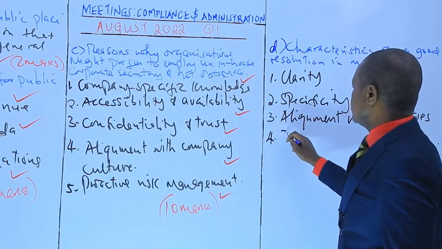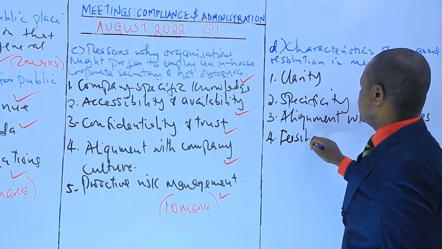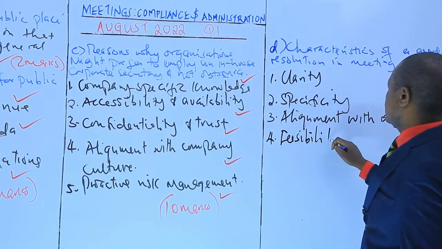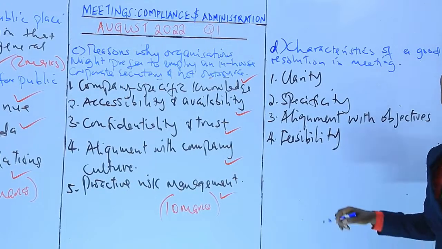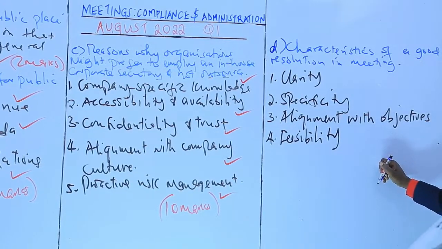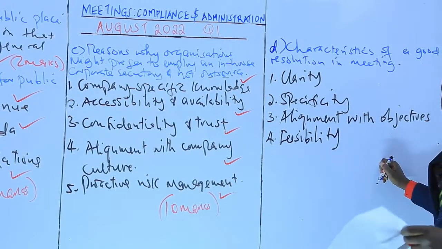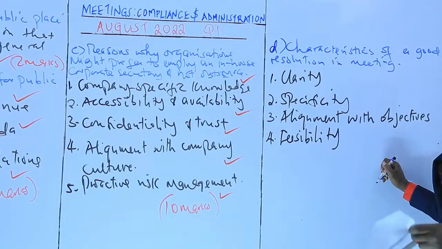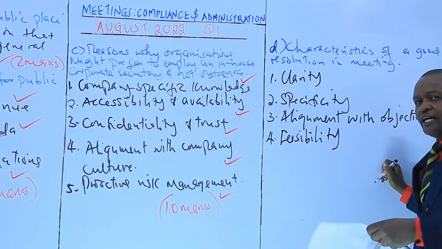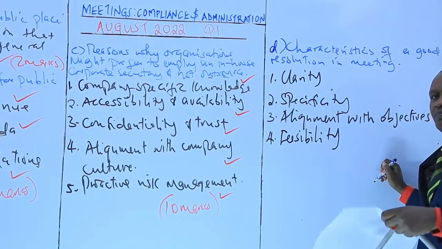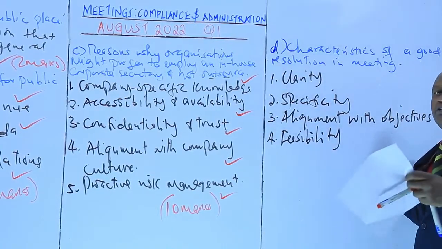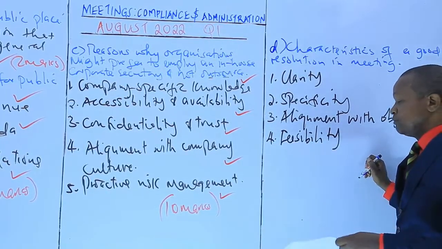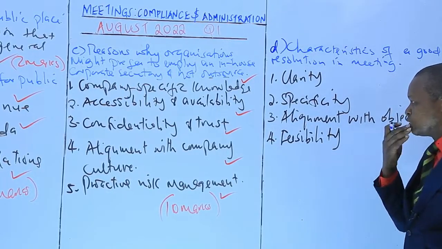Number 4, feasibility. A good resolution should be practical and achievable within the organization's resources and capabilities. It should take into account any limitations or constraints that may impact its implementation.